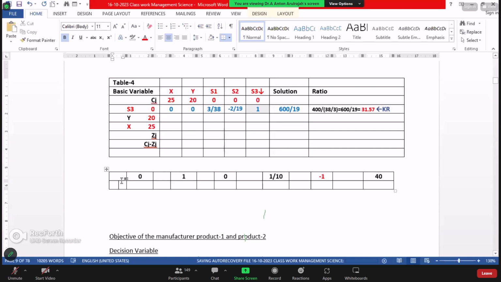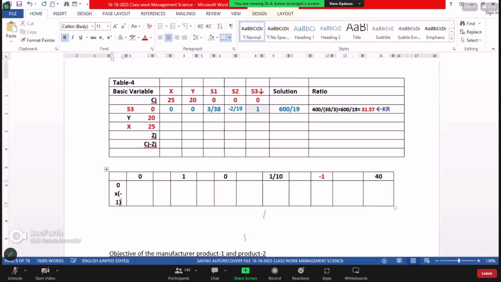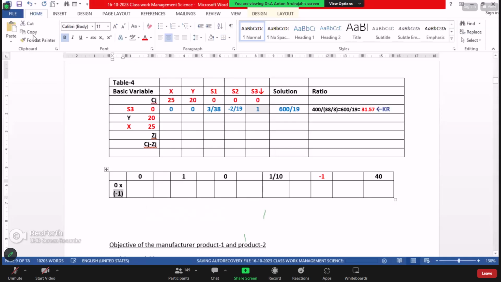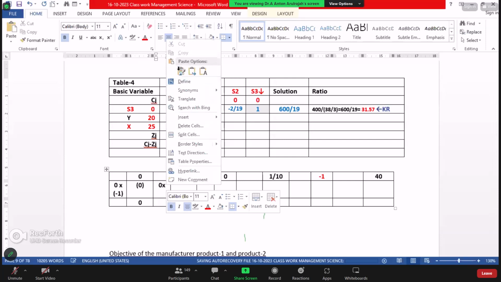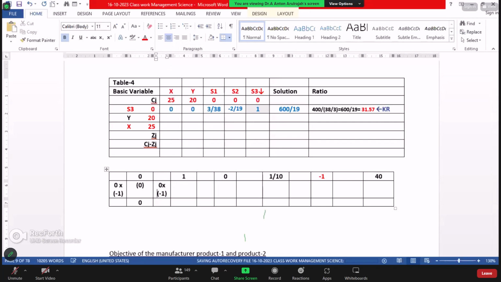Right? So 0 has to multiply by minus 1. So that is 0. And if you minus it, that is also 0. Then this 0 has to multiply by minus 1. That is also 0. Then here the solution is 1.